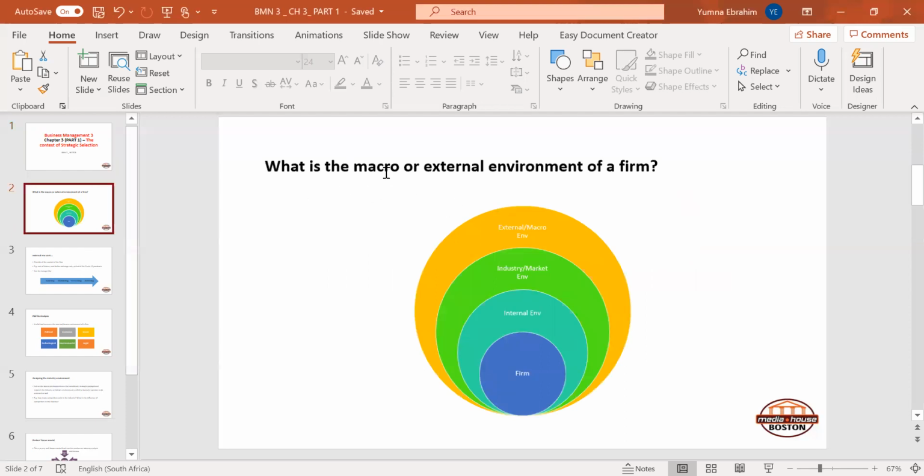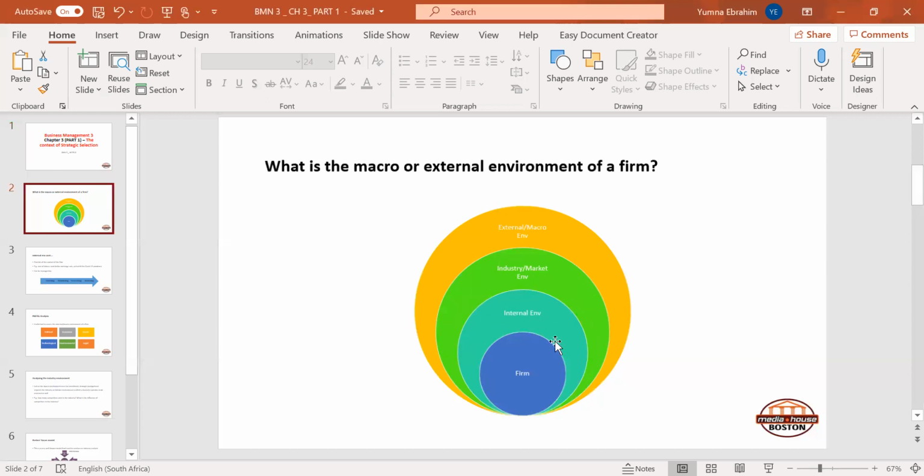Okay, so what do we talk about? The first part of chapter 3 talks about the macro or external environment of a firm. As you can see here, I've created this construct where the firm is part of a few other environments. You've got your little firm, maybe your advertising agency, it may be your radio station, it may be as big as MultiChoice.